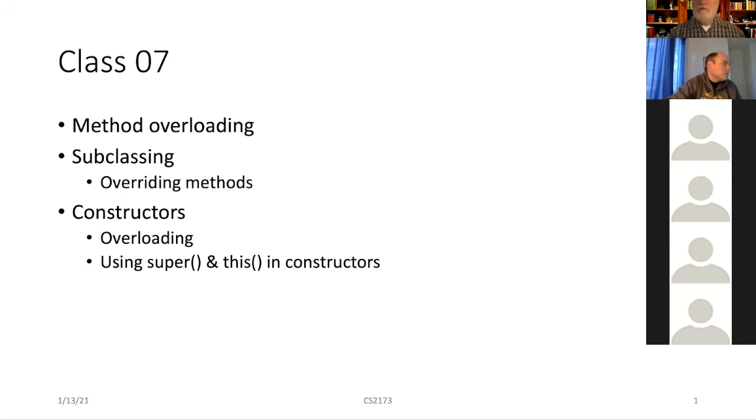Now, a constructor is a special kind of method, and I'll point this out when I get to the examples. There are two things that distinguish it from other methods. The first is its name. The name of a constructor is always the same as the name of the class.